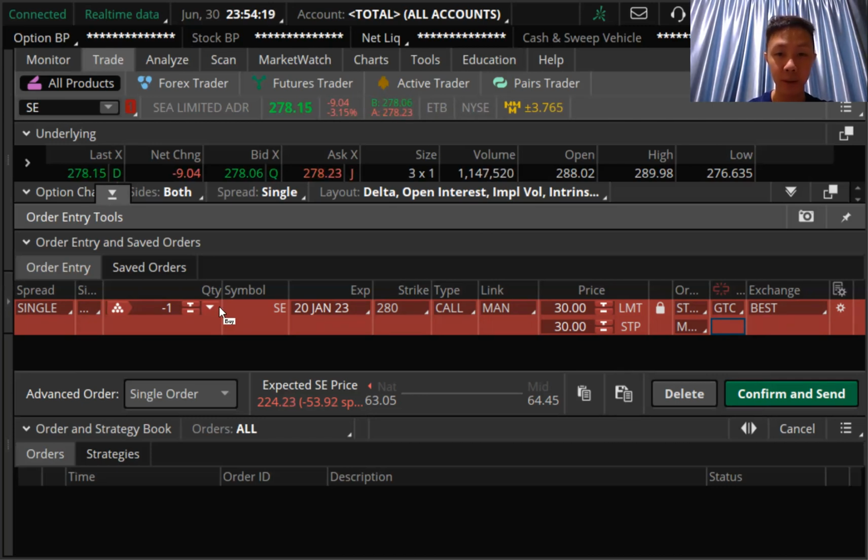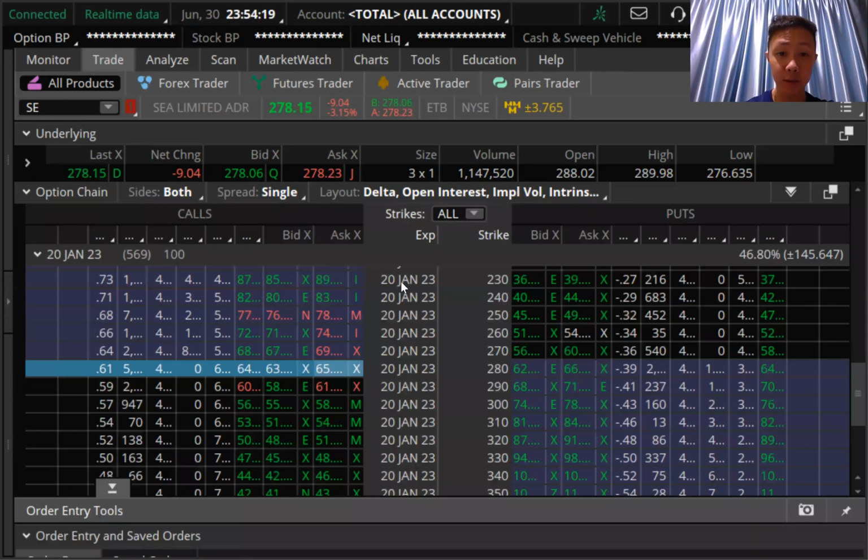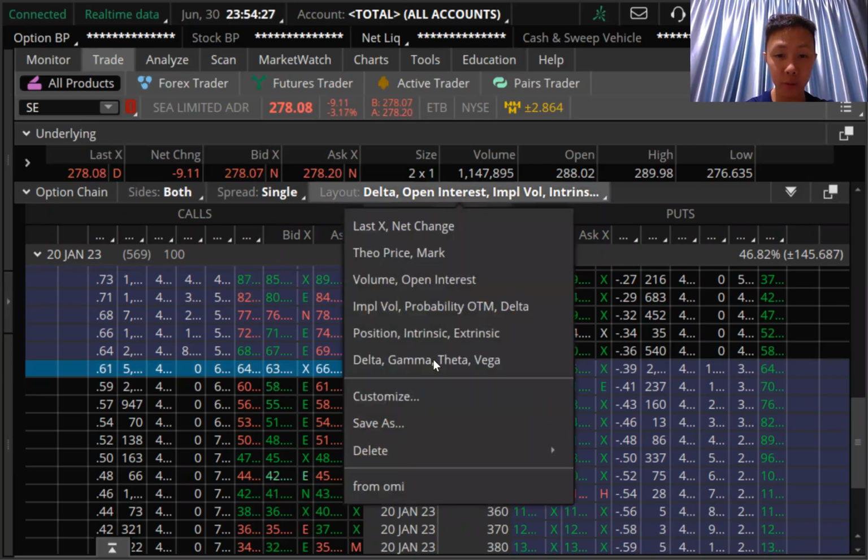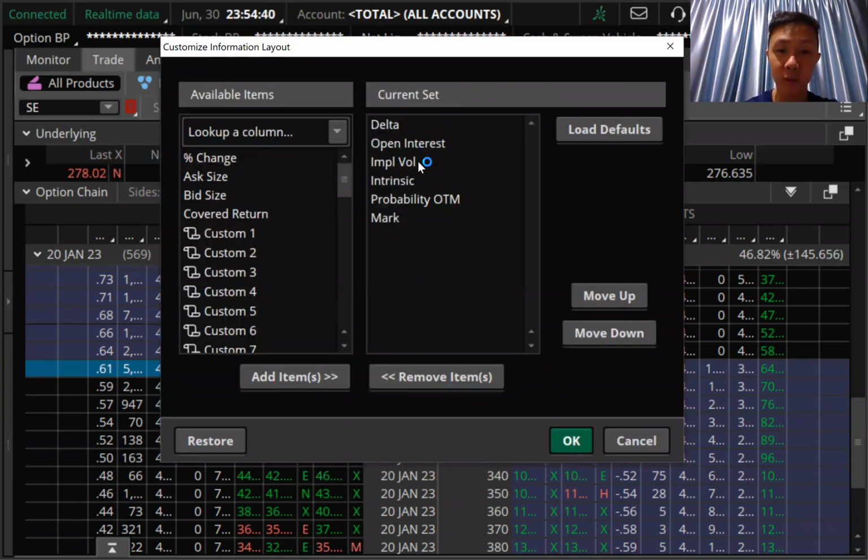Okay, and then another setting, the layout. You just click here and then click customize. Then you can put things like delta, open interest, implied volatility, intrinsic. For me, I don't want to see intrinsic, so I just remove it and keep probability out of the money.